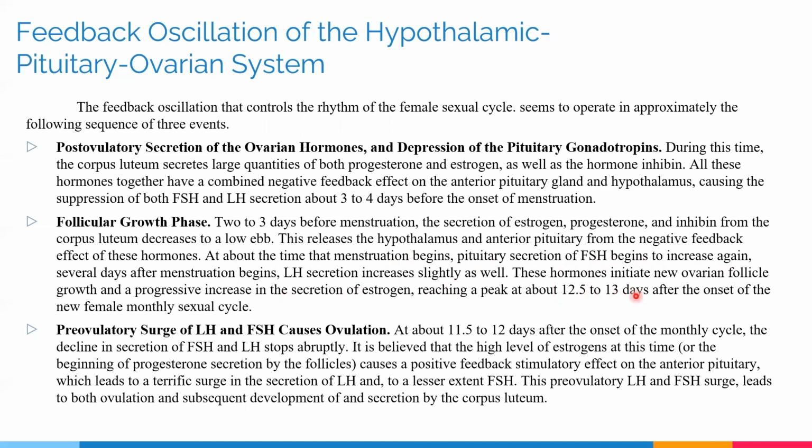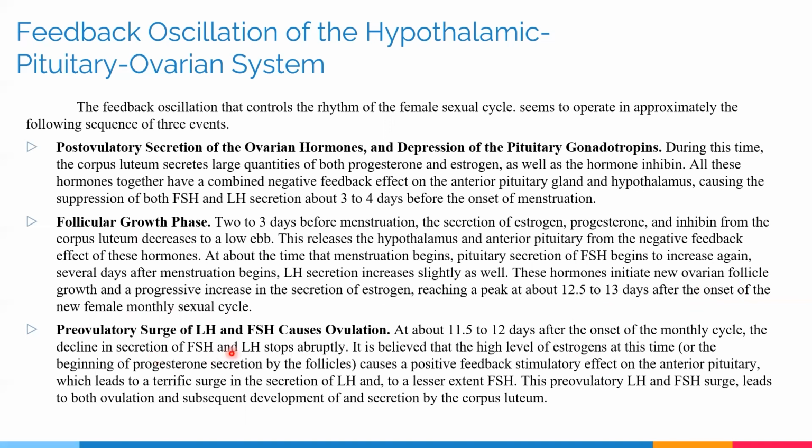These hormones initiate new ovarian follicle growth and a progressive increase in secretion of estrogen, reaching a peak at about 12.5 to 13 days after the onset of the new female monthly sexual cycle.